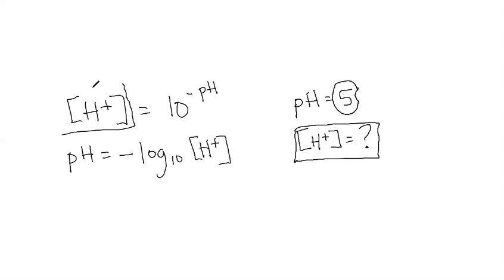It's easier to use the formula that has hydrogen all by itself already, so you don't have to do any solving, you just plug in. So concentration of hydrogen equals 10 to the negative 5, and you could leave it at that. You could plug it into your calculator and do the math to figure out what that was as a decimal. But basically just understand which formula do I plug it into and how do I solve for the other thing.